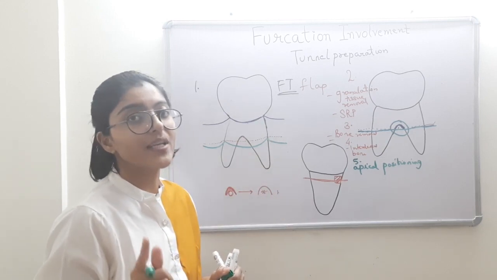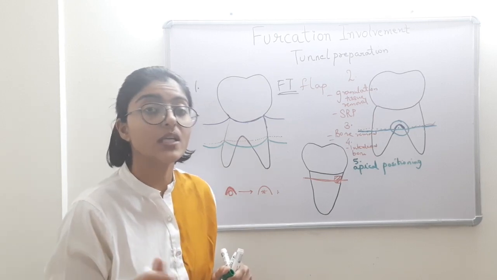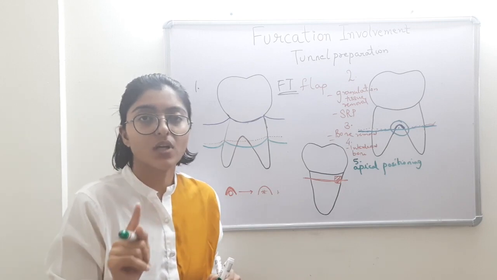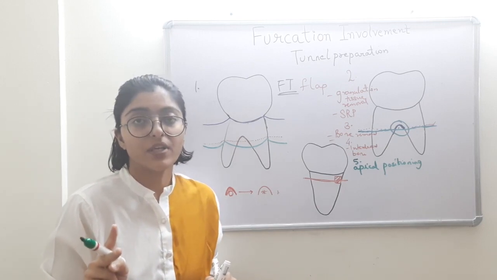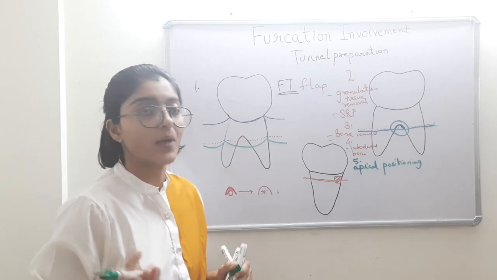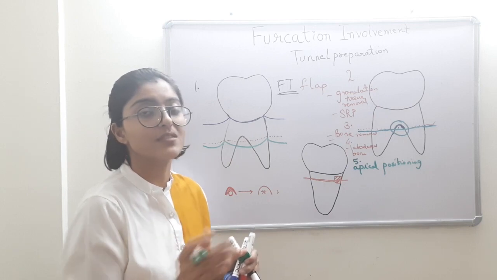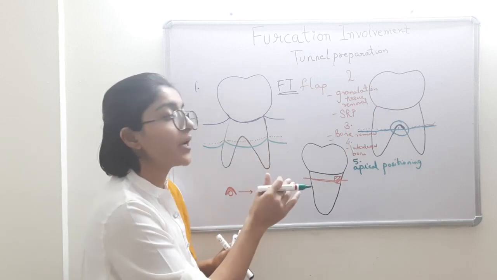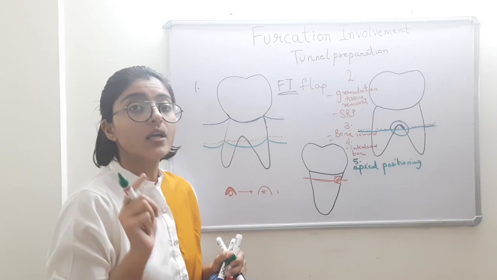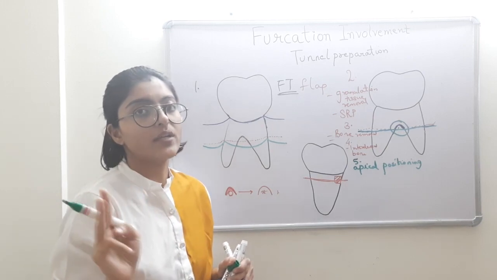Indications: deep grade 2 and grade 3 lesions according to Glickman's classification, only on mandibular molars with a short root trunk, wider angle of separation and long divergence, compulsorily, strictly. Not otherwise. It is not possible on all the mandibular molars. Forget about maxillary molars, it's not in the picture anyway. Only on mandibular molars with a short root trunk, wider angle of separation and a long divergence.